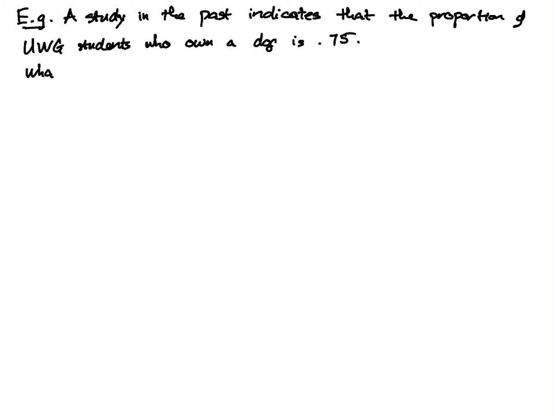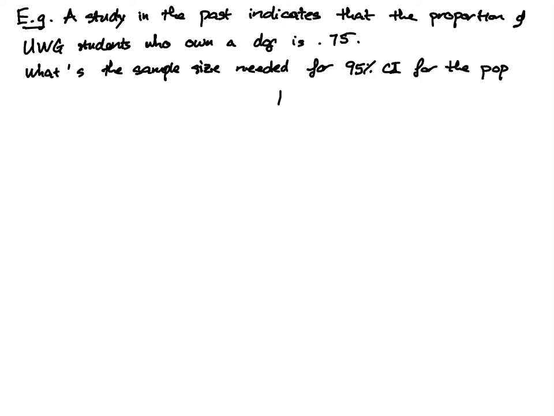The question is, what's the sample size needed for the 95% confidence interval for the population proportion to have a margin of error of 4%?